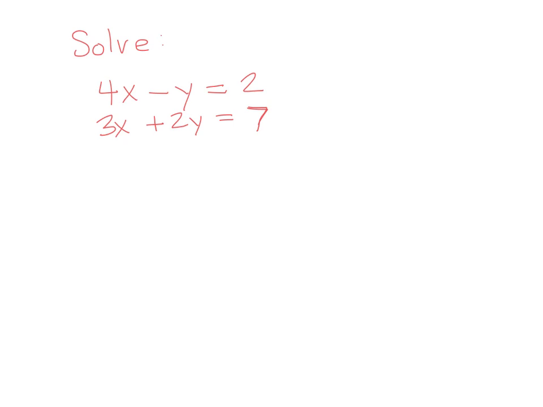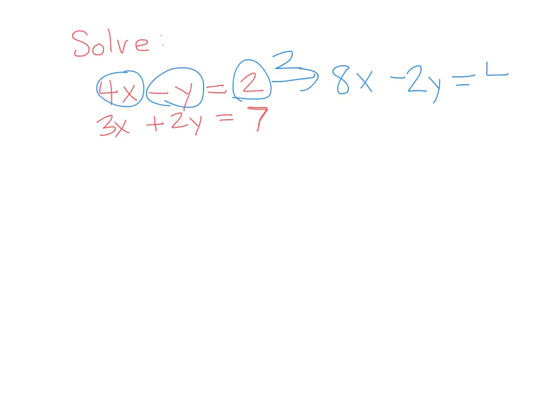So what we could do is we could use some multiplication, and we could take the top equation and double it. And when we do that, we have to multiply the 4 and the negative y and the positive 2. And then you don't need to do anything to the bottom equation on this one.